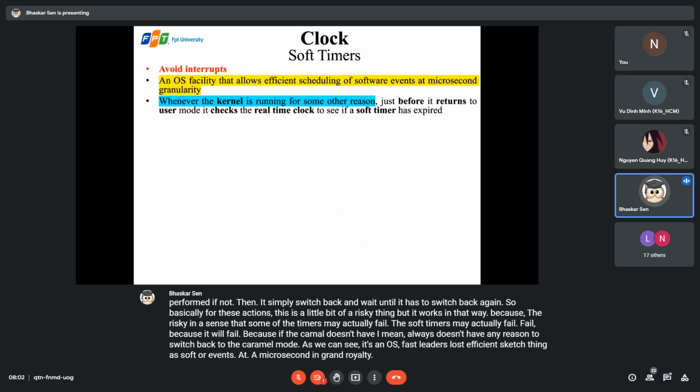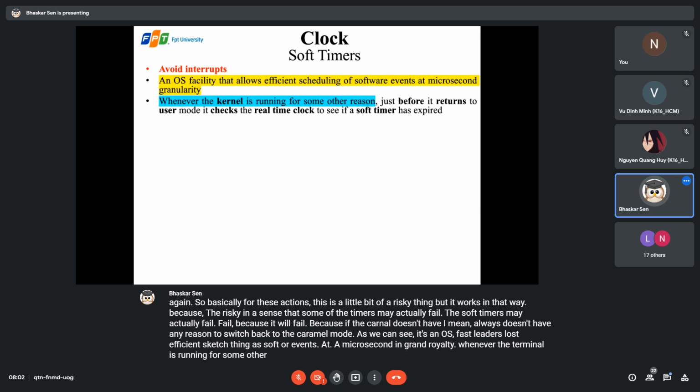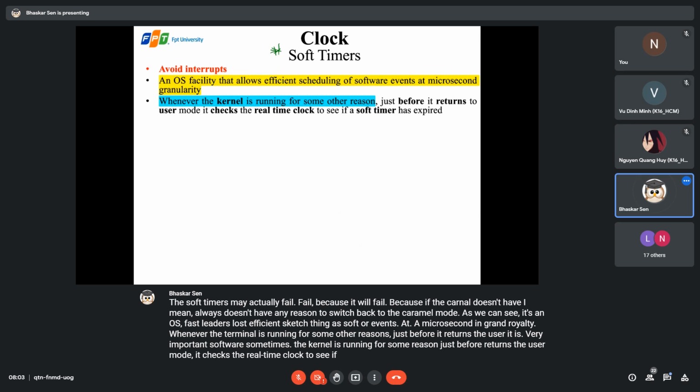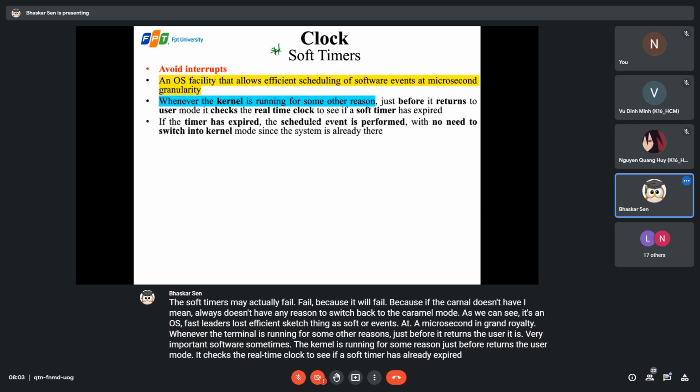Whenever the kernel is running for some other reason, just before it returns to the user mode, it checks the real-time clock to see if a soft timer has already expired or not.